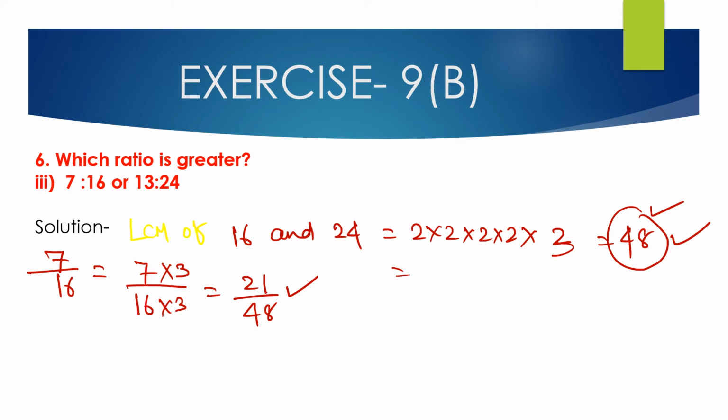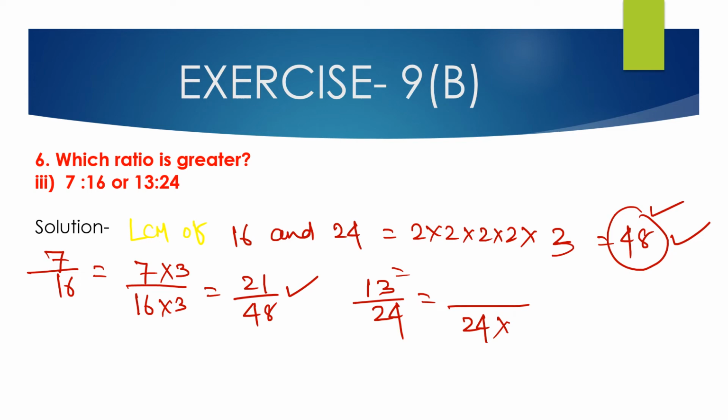Now we have to convert the ratio 13 is to 24, that is 13 divided by 24, into an equivalent ratio by equating the consequent 24 to the LCM, that is 48, by multiplying the same number with both the antecedent and the consequent of the ratio 13 is to 24. Which number do we have to multiply with the consequent 24 to get 48?